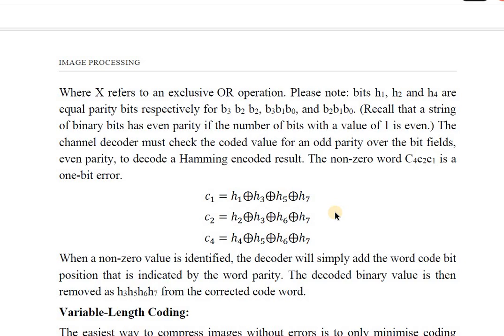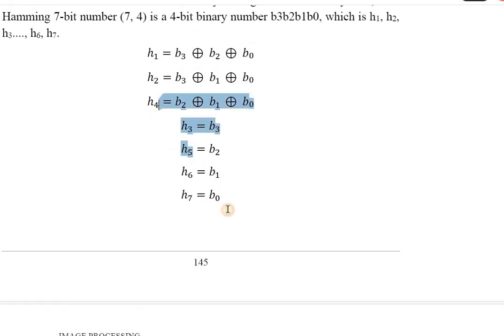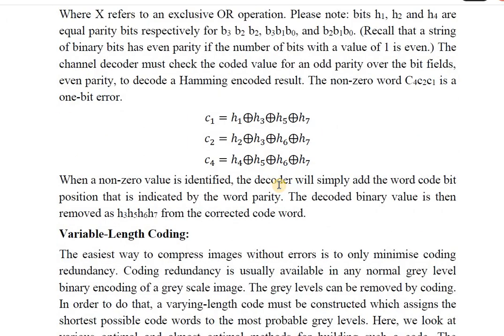If the number of bits with value 1 is even, then it is called even parity. Now the decoded binary value is taken from H3, H5, H6 and H7, and that is your original data. If you remember, this is how we had assigned the data. So finally you get your data as it is, and if there is any error, that also gets corrected.